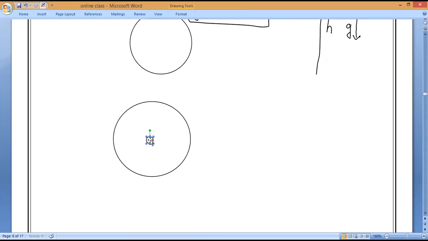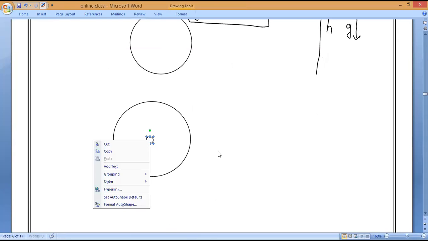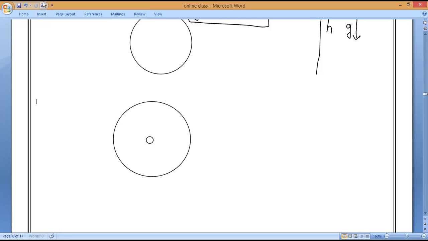Imagine Mr. Gokul Krishna is digging inside the earth towards the center. Here also, what is the G value at the surface? At the surface, the G value is 9.8 meter per second square.